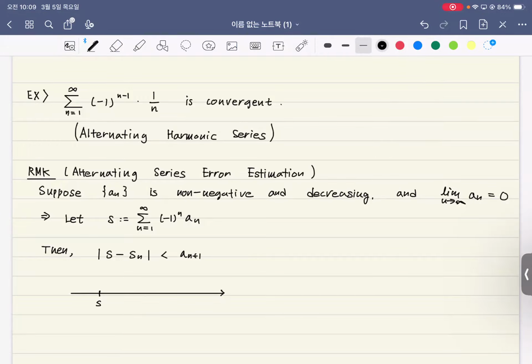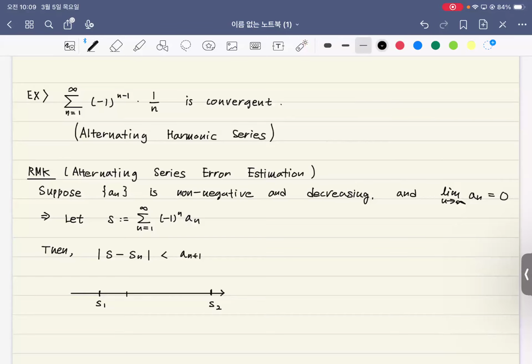If you pinpoint each of these partial sum sequences on the real line, if this is S1, then S2 would be somewhere around here, and S3 should be there, and S4, and S5, like it goes like this, right? S2 is minus A1 plus A2, so S2 should be slightly bigger than S1.